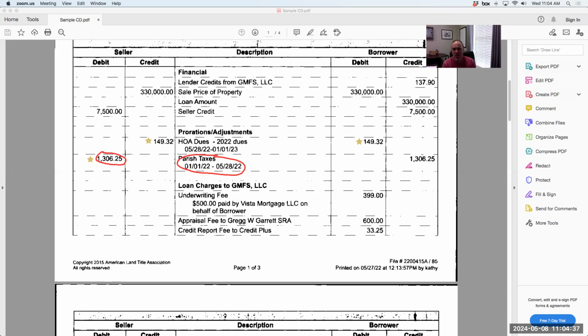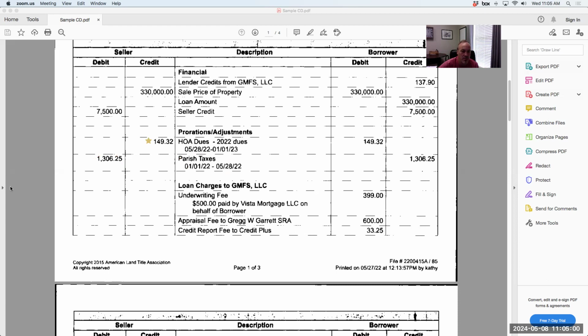Now remember, if your seller has escrow in his payments, all of that's going to come back to him, because when you close this file out, the mortgage company, which more than likely has an escrow account, will release whatever funds they've been accruing in escrow to the seller. So hopefully that makes sense to you.